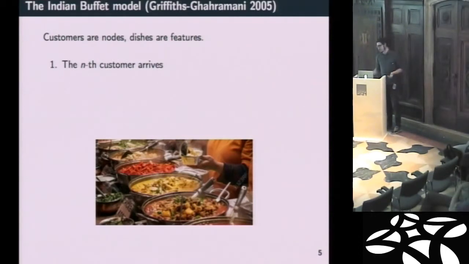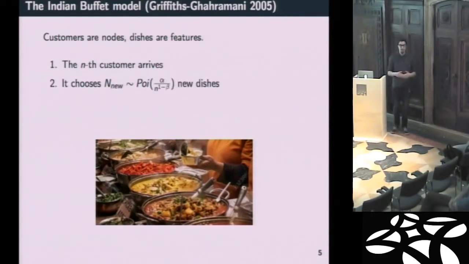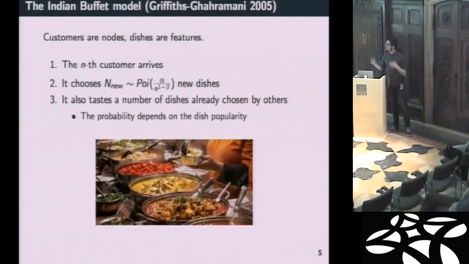The nth customer arrives, and it selects a number of new dishes that weren't tried by anybody. This number is distributed according to a Poisson distribution regulated by parameters alpha and beta. And apart from these new dishes, it also selects a number of dishes already tried by others, where the probability of tasting a dish depends on the dish popularity.